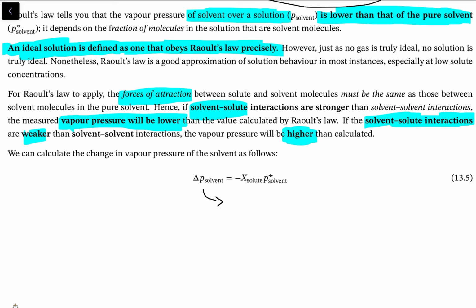This delta value is the final value minus initial. So that means it's P solvent minus P naught solvent. Okay, so you can use that.